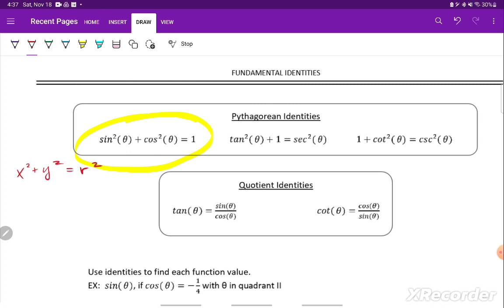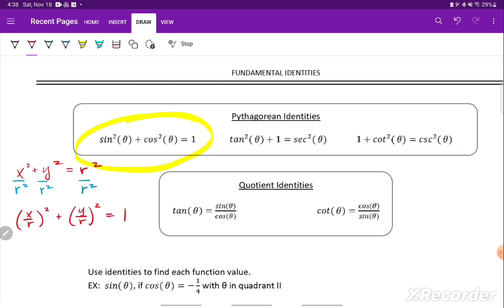If I take this x squared plus y squared equals r squared and I divide each term by r squared, I get x over r squared plus y over r squared equals 1.